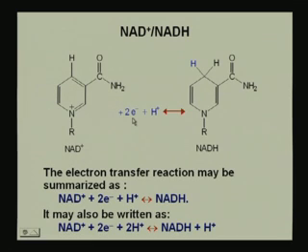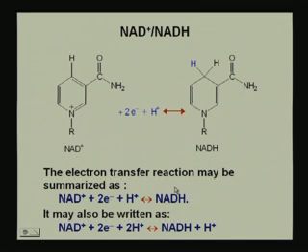The electron transfer reaction can be summarized as NAD plus 2 electrons plus H plus going to NADH, or it is also written as NAD plus 2 electrons plus 2 protons going to NADH plus H plus.